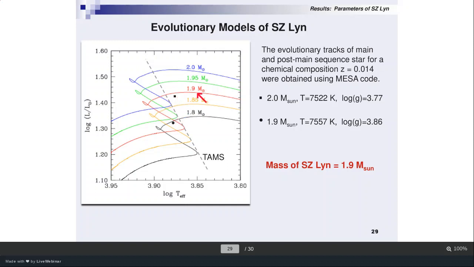This model is a 2 solar mass star and this model is a 1.9 solar mass star. However, the evolutionary tracks fall slightly off from these. Maybe this one is very close to that, and this is the closest to my observation. Therefore, the mass of SZ Lyn would be something like 1.9 solar masses.